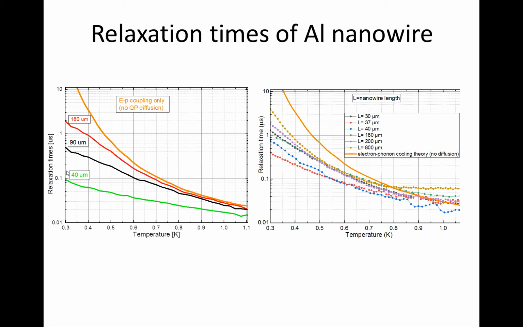It is possible that the electron-phonon coupling given by the theory is not the same as in the experiment. And another thing is that we can have an effect of reabsorption of phonons that were previously emitted by these electrons.